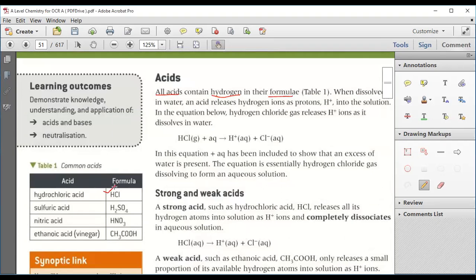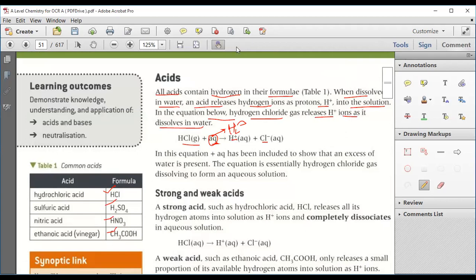Table 1 has HCl, H2SO4, HNO3 and CH3COOH. When dissolved in water, an acid releases hydrogen ion, known as proton, that is H positive ion, in the solution. In the equation, hydrogen chloride gas gives H positive ions when dissolved in water, that is HCl aqueous, aqueous meaning water, gives you H positive and Cl negative.